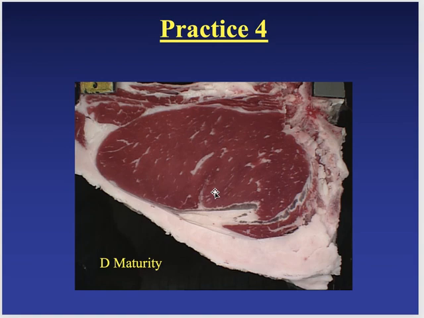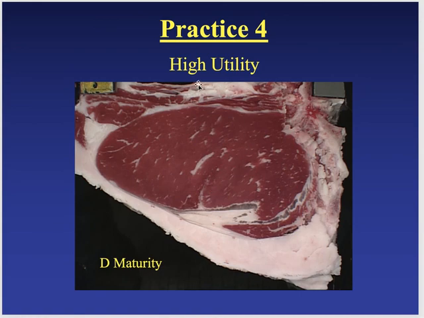Here we go. Here's our D maturity. So we know that it's super old. We're going to consider it old beef, so it's not eligible for any prime, choice, select, or standard. Average marbling. And if we look, we're going to call that high utility.